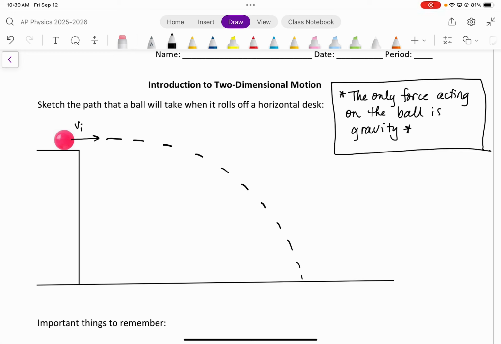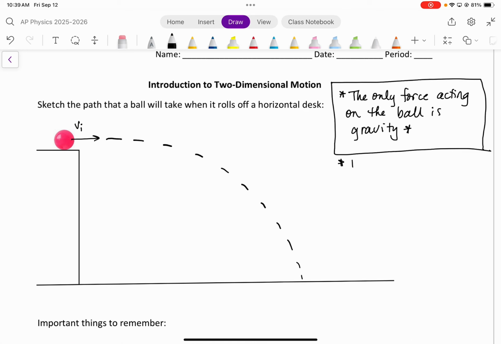Down. So when we look at the motion of a projectile, which is anything that is traveling through the air, gravity is the only force acting on it. When we look at the motion from left to right, there is no force acting on it, pushing it or pulling it to the left or right. All right?